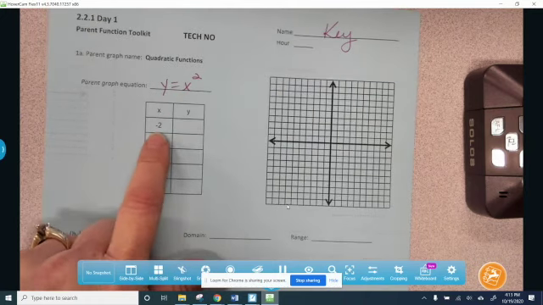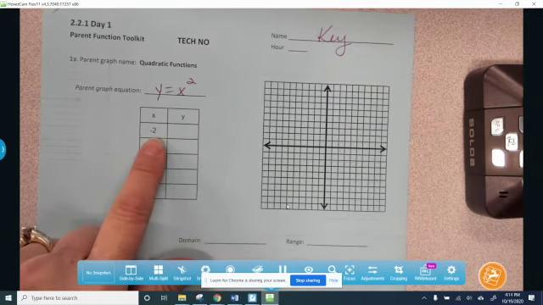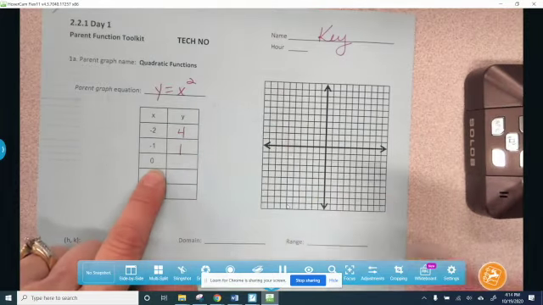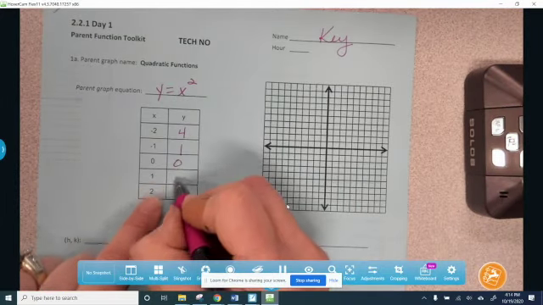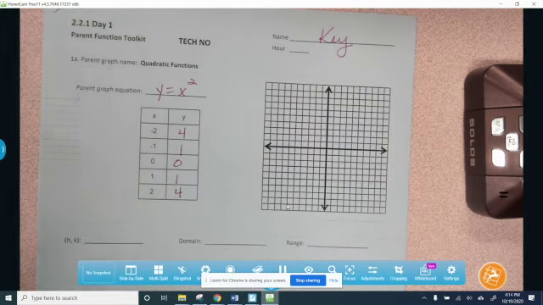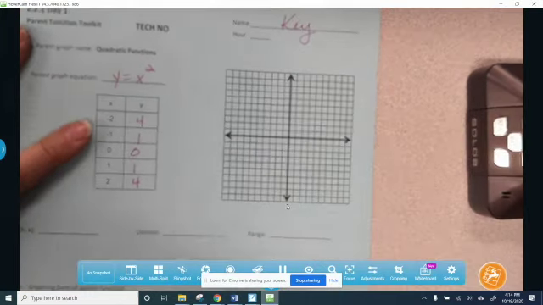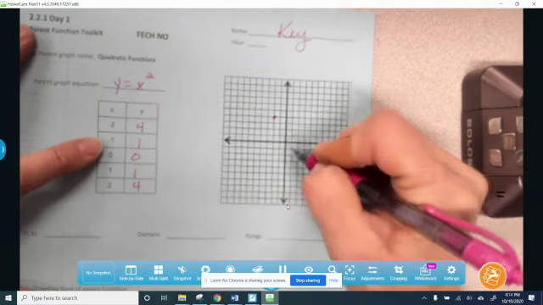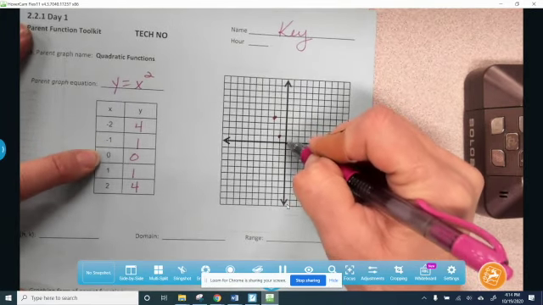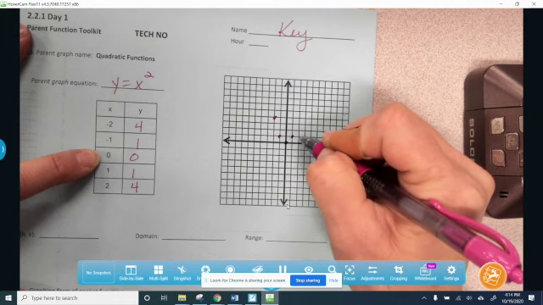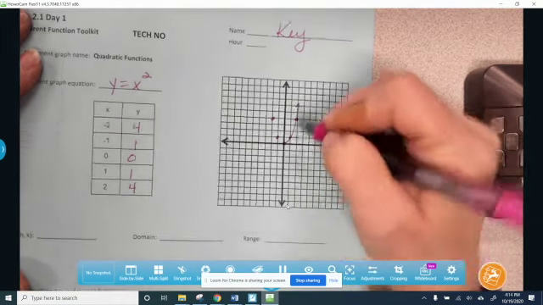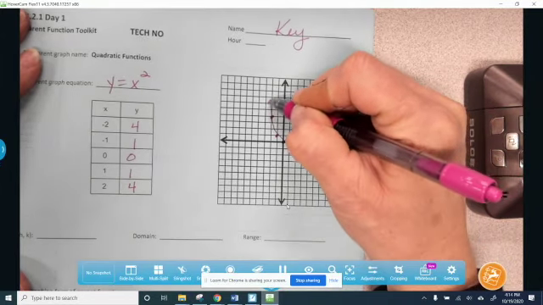Plugging in -2, -2 times -2 is 4. -1 squared is 1. 0 squared, 1 squared, 2 squared. Now if we plot those 5 points, (-2, 4), (-1, 1), (0, 0), (1, 1), (2, 4).